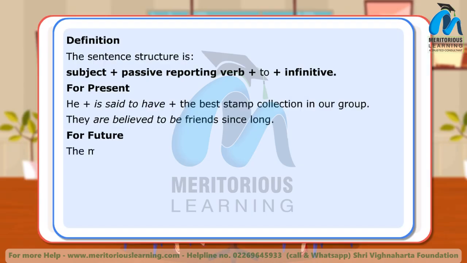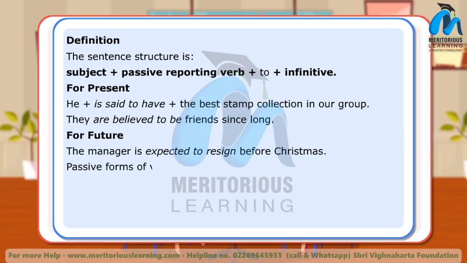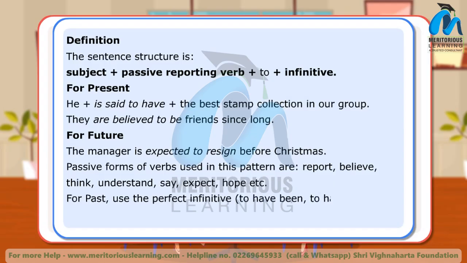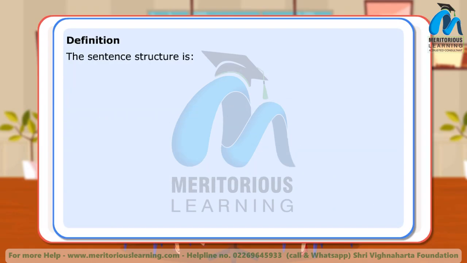For future: the manager is expected to resign before Christmas. Passive forms of verbs used in this pattern are report, believe, think, understand, say, expect, hope, etc. For past, use the perfect infinitive: to have been, to have seen, to have done.